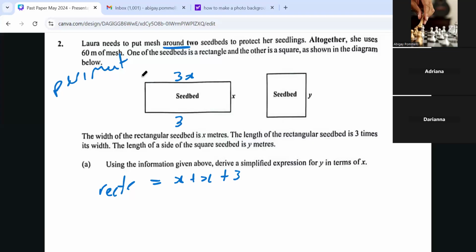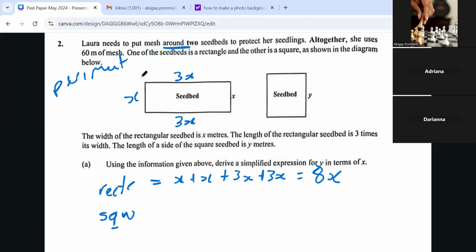Good? There we go. So in our perimeter, we add up everything. So x, x, 3x, 3x, that is 8x.